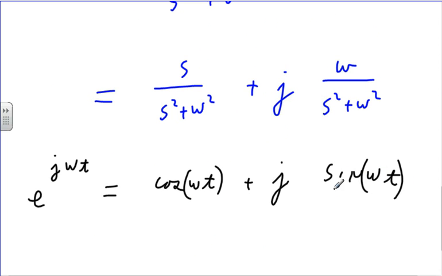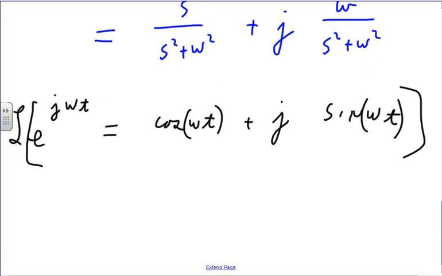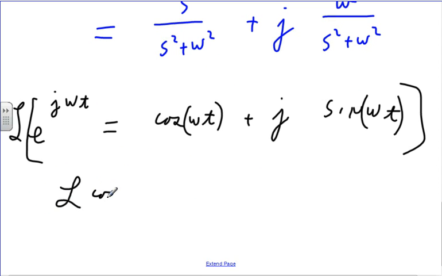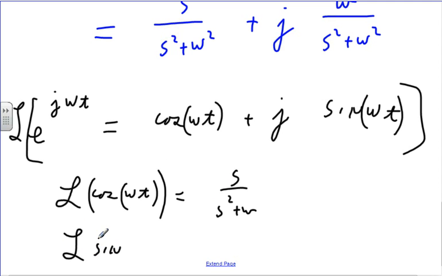And the Laplace transform of e to the j omega t is the Laplace transform of the cosine plus j times the Laplace transform of the sine, meaning the Laplace transform of cosine omega t is going to be s over s squared plus omega squared, and the Laplace transform of the sine of omega t is going to be omega over s squared plus omega squared.